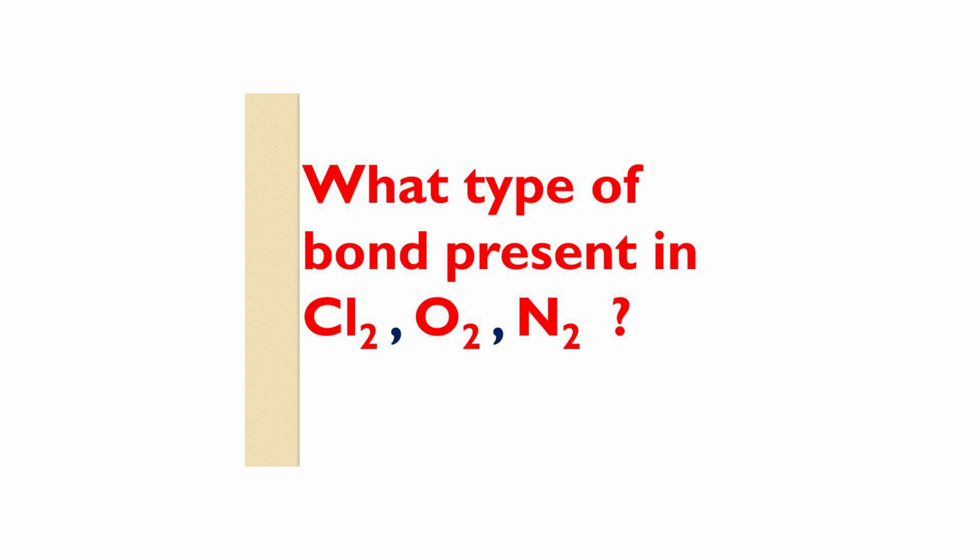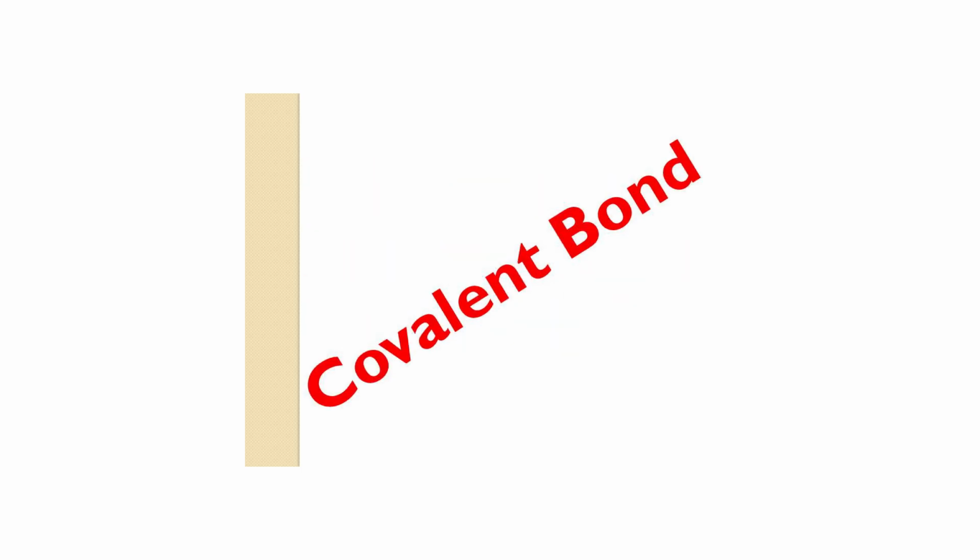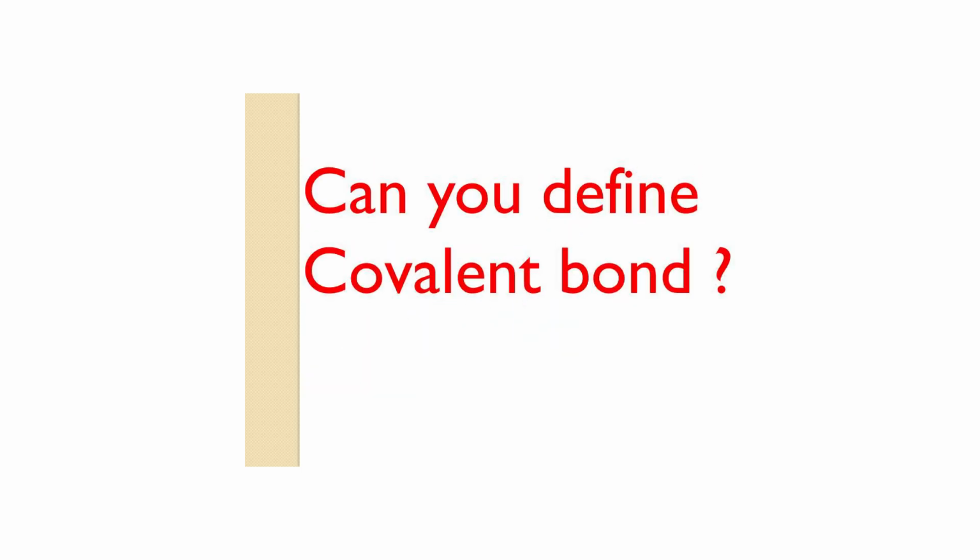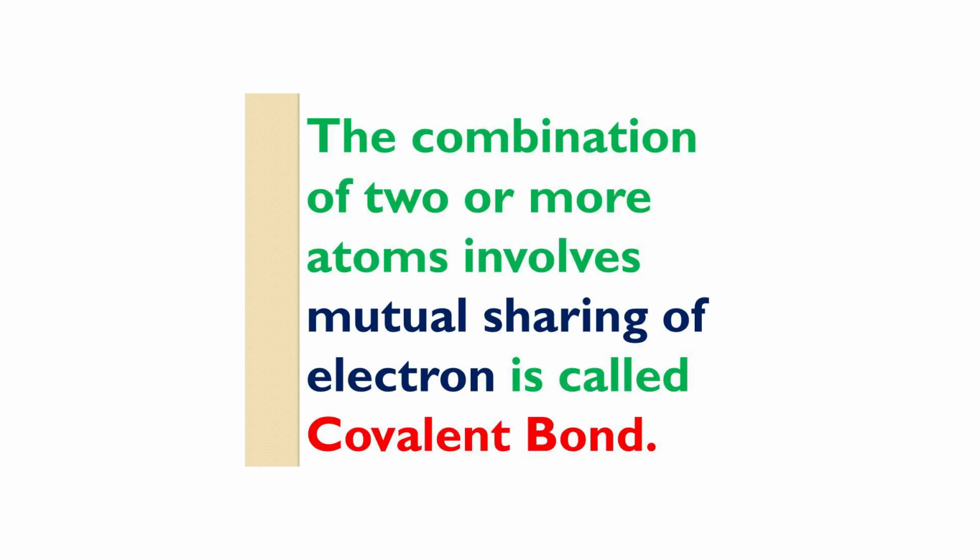What is the type of bond present in chlorine Cl2, oxygen O2 and nitrogen N2? What type of bond is present in chlorine, oxygen and nitrogen? Yes, covalent bond. Then can you define covalent bond? The mutual sharing of electrons between two atoms represents covalent bond.